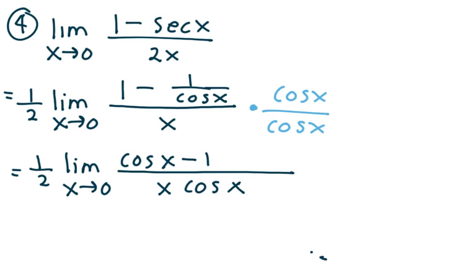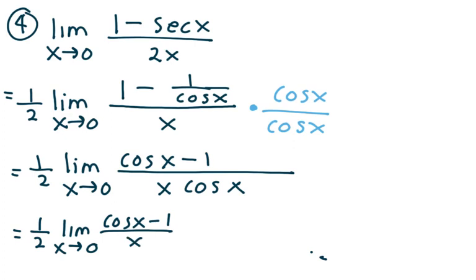Now, this is 1/2 the limit as x goes to 0 of cosine x minus 1 divided by x times the limit as x goes to 0 of 1 over cosine x. And I hope that's okay, because the cosine x is appearing in the denominator.